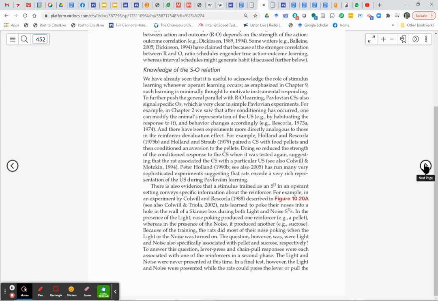Peter Holland has run many very sophisticated experiments suggesting that rats encode a rich representation of the US during Pavlovian conditioning. For this author to say that somebody has sophisticated experiments, you can just imagine. So SD and S delta come up here again.